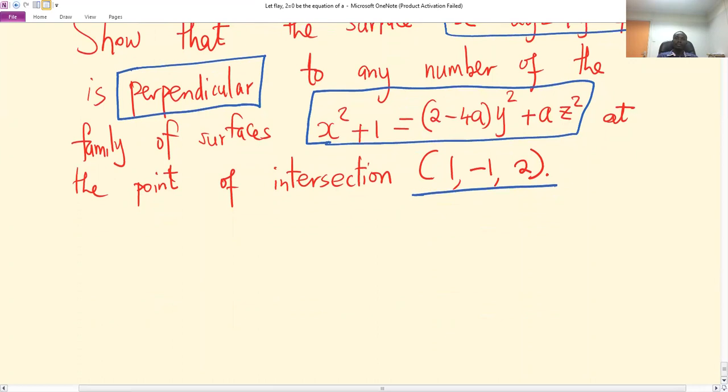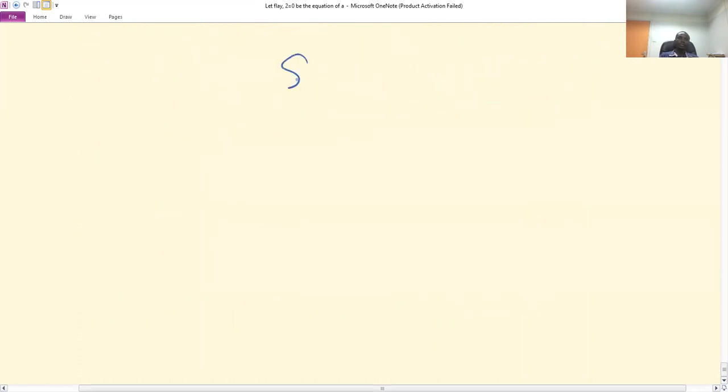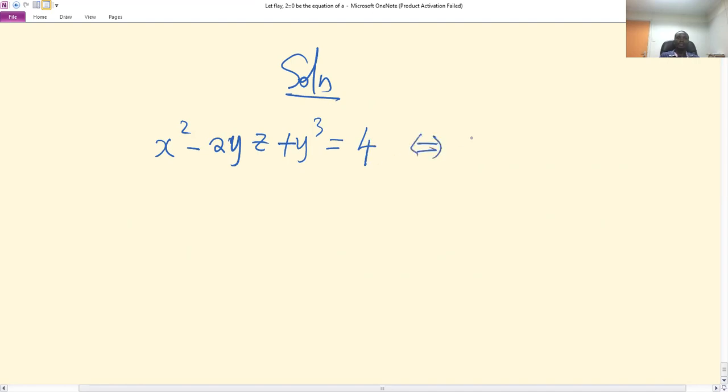So case 1, solution. We have x squared minus 2yz plus y cubed is given by 4. So just take this 4 to the left so that we have x squared minus 2yz plus y cubed minus 4 equals 0.